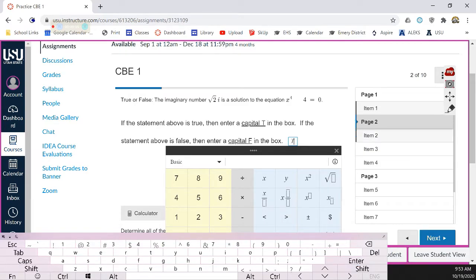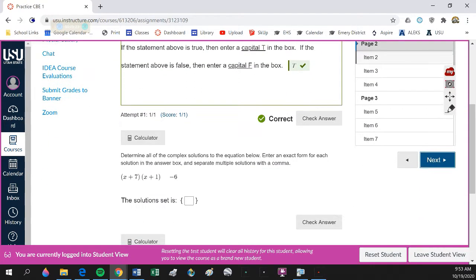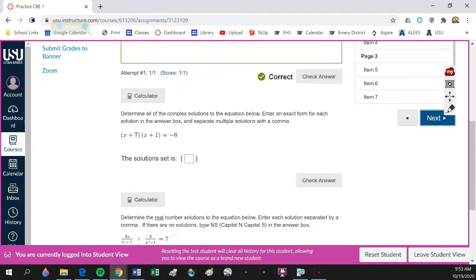Capital T. Won't it let me? I'm stuck. Oh, there are more problems.